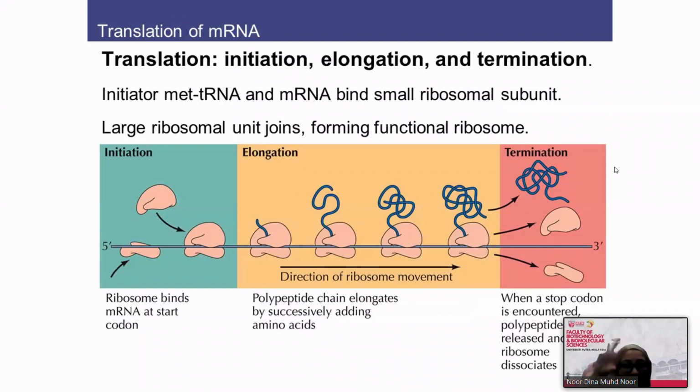The ribosome goes to the next codon and the next codon, and once it moves, the new codon, the next one, will be at the A site, and so on, while the previous tRNA will occupy the E site.